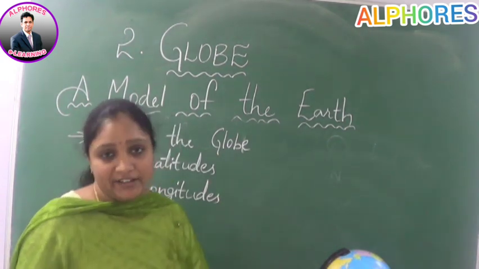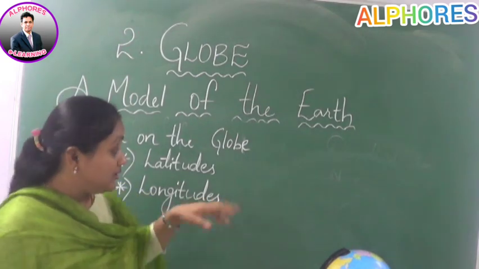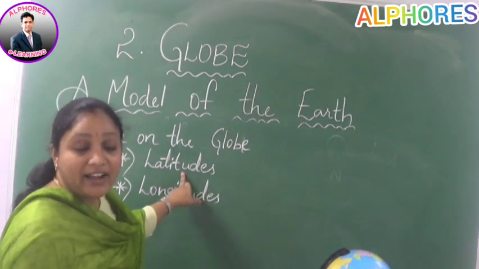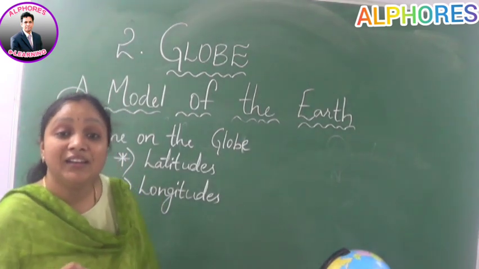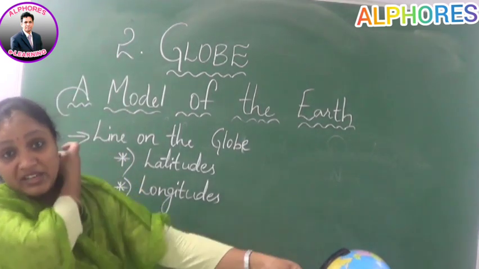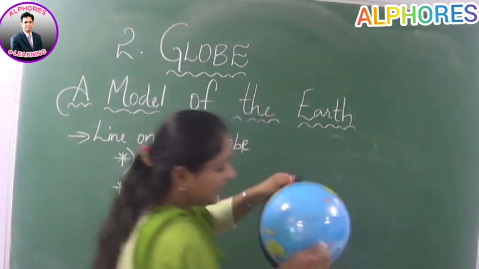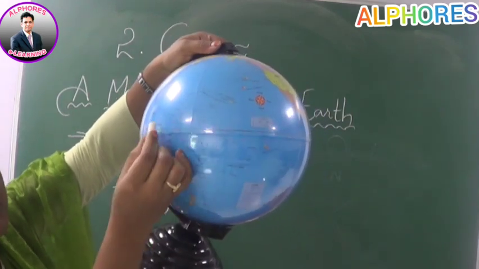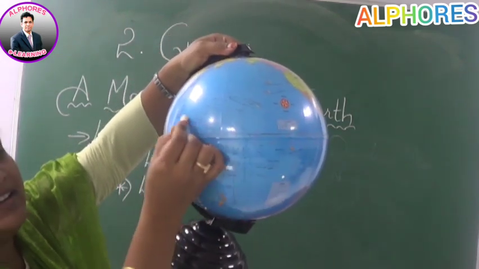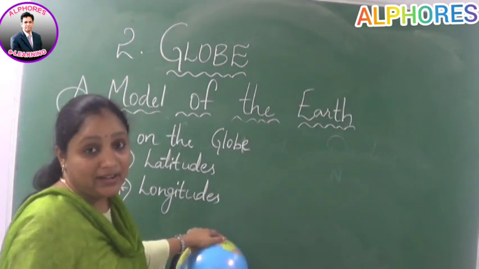What are latitudes and what are longitudes? The latitudes are the lines which are parallel to each other, that is, horizontal lines. You can see, children, these are horizontal lines, right? So these horizontal lines are called latitudes.